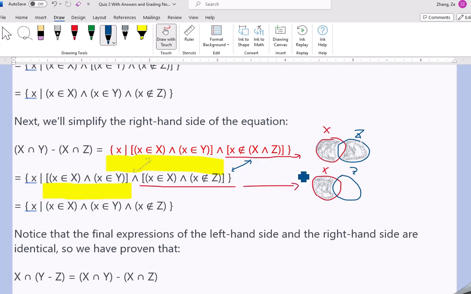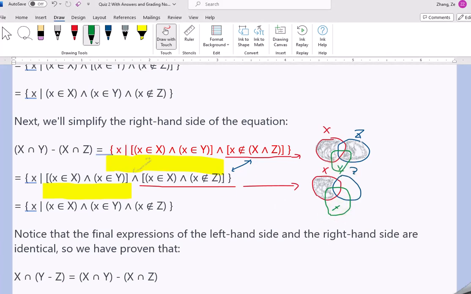So that's interesting. Let's put y here. Now let's put y in green. The green is actually y.